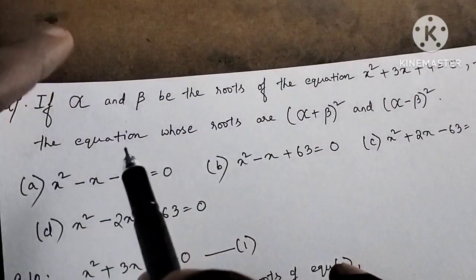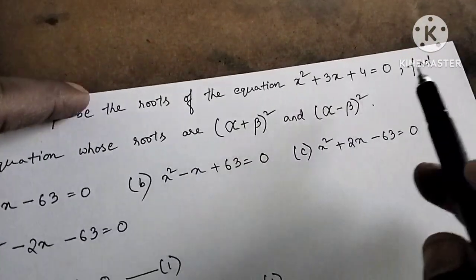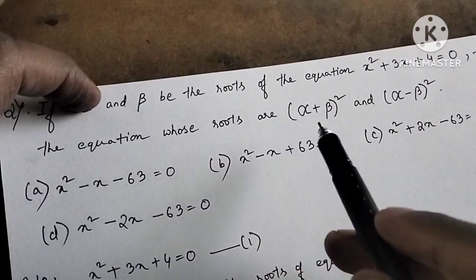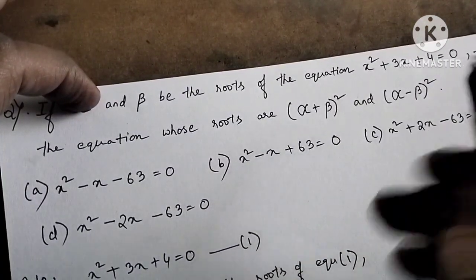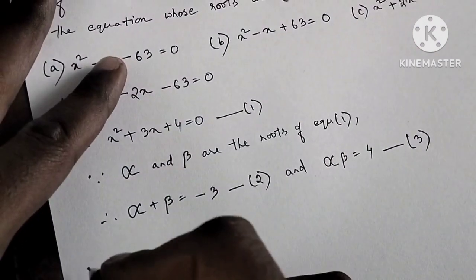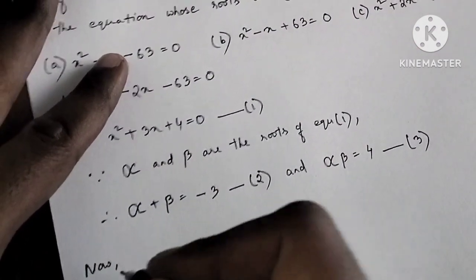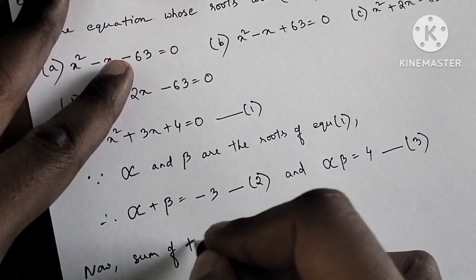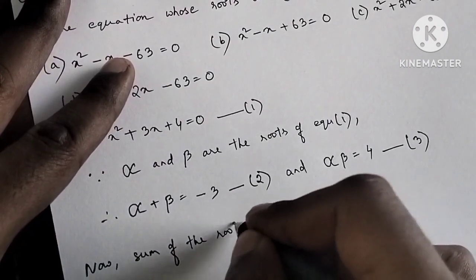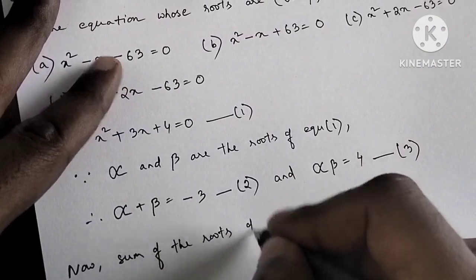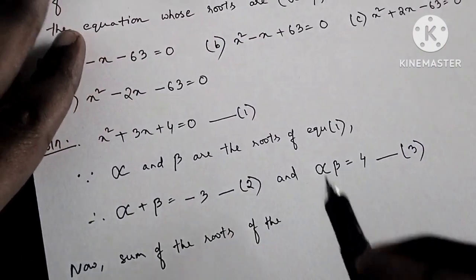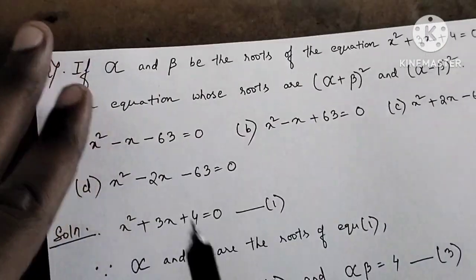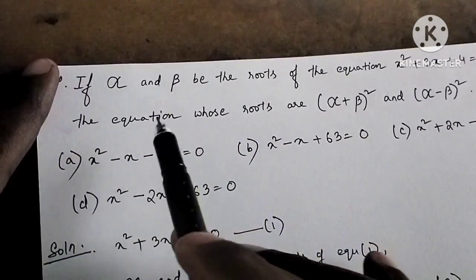So the roots of the required equation. Find the equation whose roots are (alpha plus beta) whole square and (alpha minus beta) whole square. So now what will I do? Now the sum of the roots of the required equation, not this equation, the equation which you have to find.